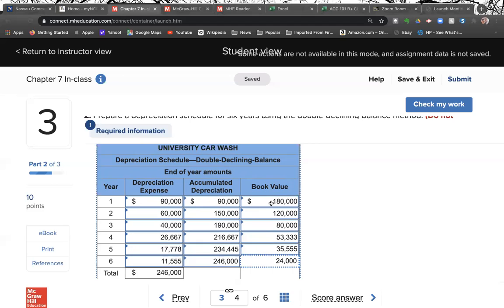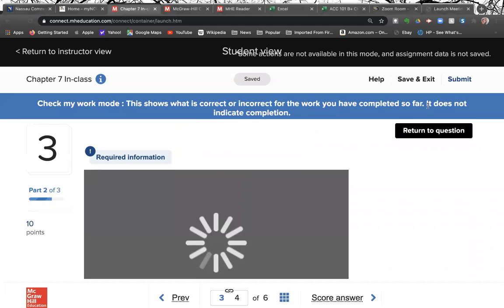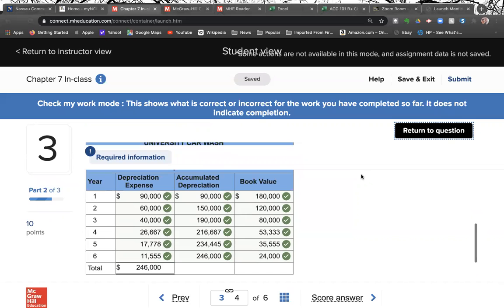Now, if you add these two numbers together, book value and accumulated depreciation, what do you have to wind up with? Original cost, right? Original cost. So that's another check and balance to see if you're doing the thing correctly. Okay, so far so good.